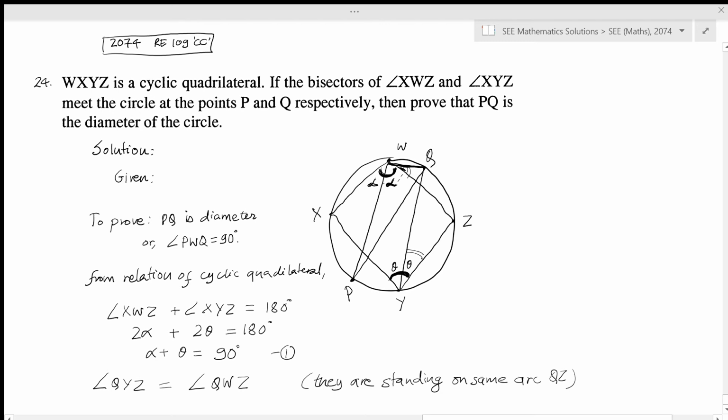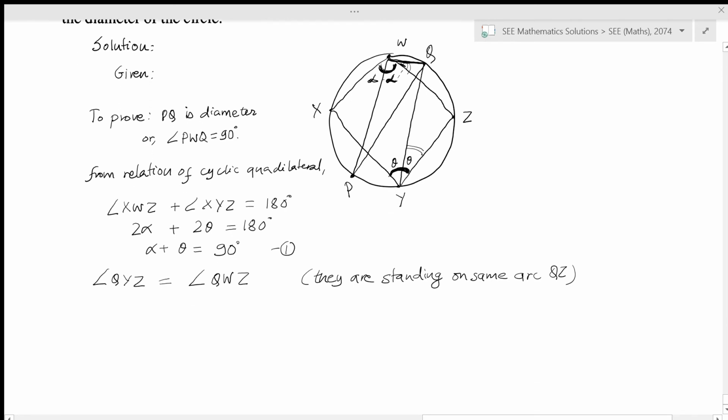So both of these are standing on the same arc QZ. We have done similar kinds of problems in short questions, right? So this will give the value of angle QWZ. So angle QWZ will be equal to theta, because angle QYZ is equal to theta.